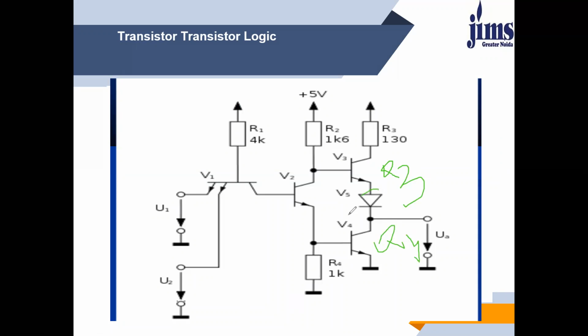So the role of the diode is that both the transistors are not on at the same time. This is the main function of this diode.